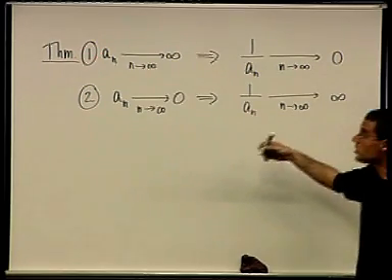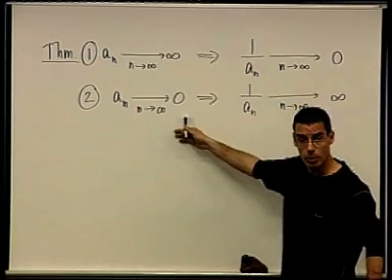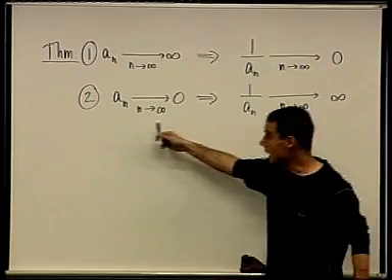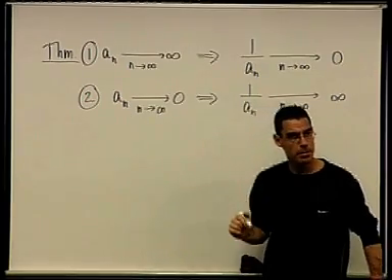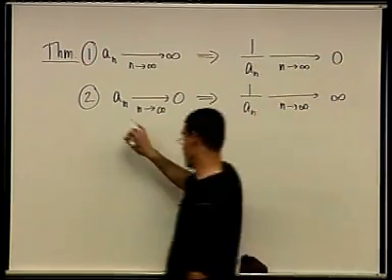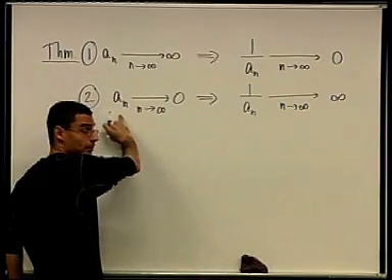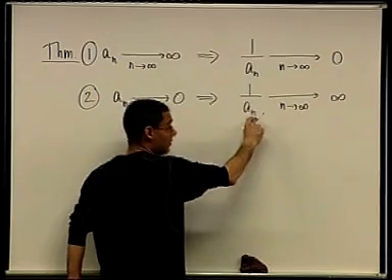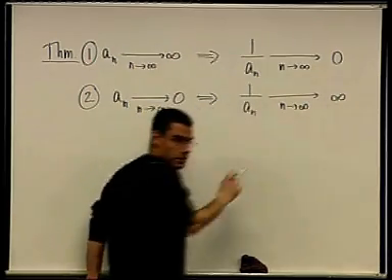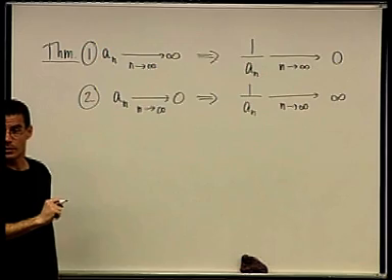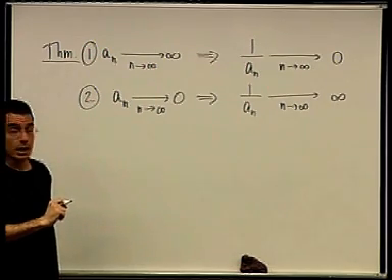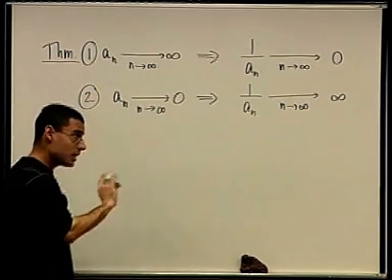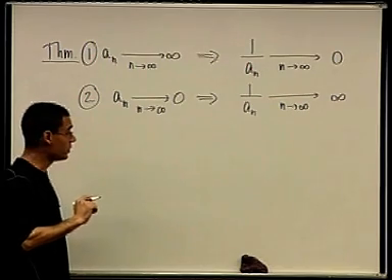Why? Because saying that a_n goes to 0, the a_n's can be some negative and some positive. For example, if all the a_n's are negative, then 1 over a_n is also going to be negative. It's going to get bigger and bigger and bigger, but the limit is going to be minus infinity. Do you see that? Okay? So just the way it's written, it's false. It's not a true statement.